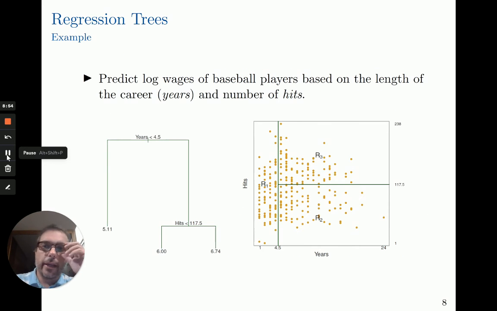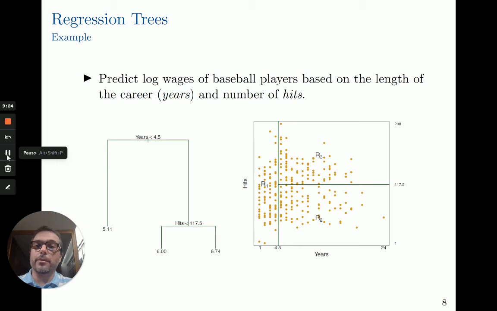So as an example, take the case where we want to predict the log wages of baseball players based on the length of the career in years and the number of hits. Okay? On the left side you have the tree structure, and on the right side we have the data points. Here we have a scatter plot of hits and years. These are the points, and we make 3 regions.